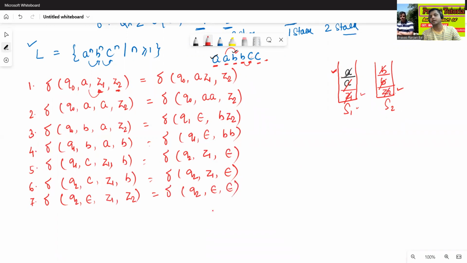Now pop all elements. So now the first stack is empty, and the second stack is empty. These are the transitions for the given language.